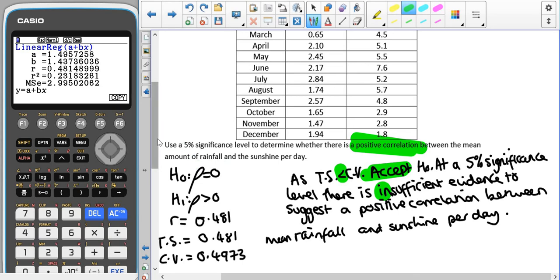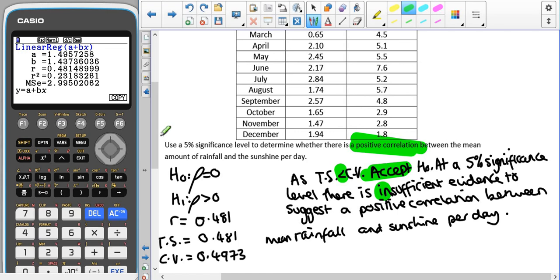Now, I just want to clarify here why we still talk about our H1: we weren't testing to see if there was no correlation. And we cannot say that we have proved something that we haven't tested. And we never test for nothing. The whole reason why we perform a hypothesis test is to see if it has changed or hasn't changed or has increased or decreased or didn't.